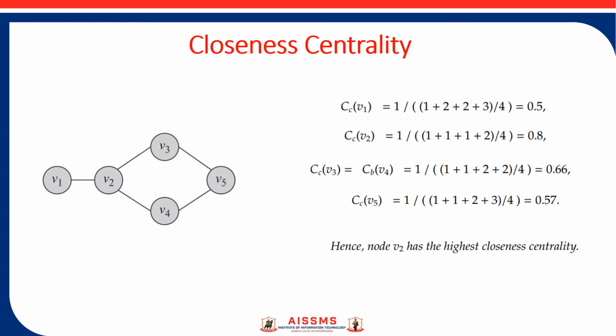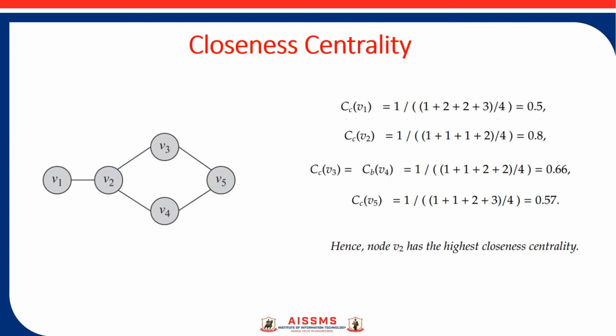Now we will try to understand this concept with the help of an example. On the left-hand side, a graph is given having a total of 5 vertices. To find closeness centrality, as we know, it is 1 divided by the average shortest path length.